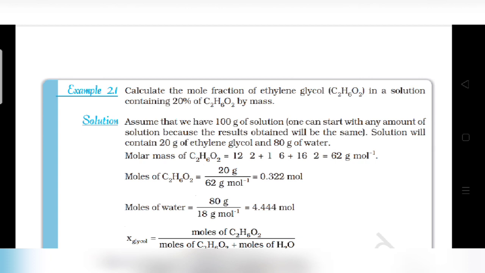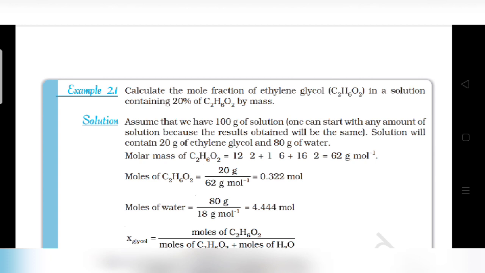First of all, calculate molar mass of ethylene glycol. That will give 62 gram per mole. Now you already know how to calculate moles, that is given mass upon molar mass. The given mass of ethylene glycol is 20 and the molar mass is 62 gram per mole.